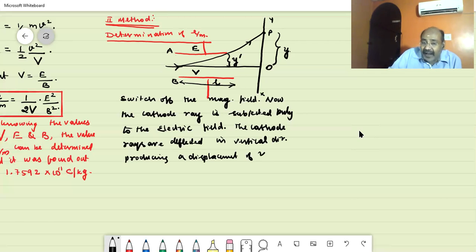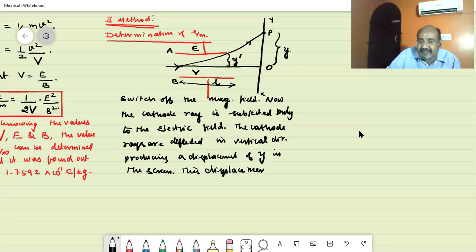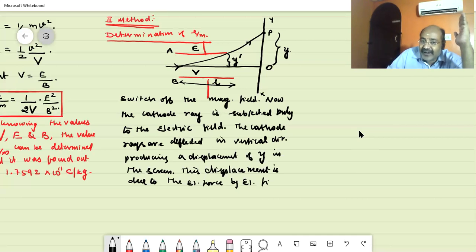Y in the screen. Why does this happen? This vertical displacement is due to the electric force by the electric field on the cathode ray.